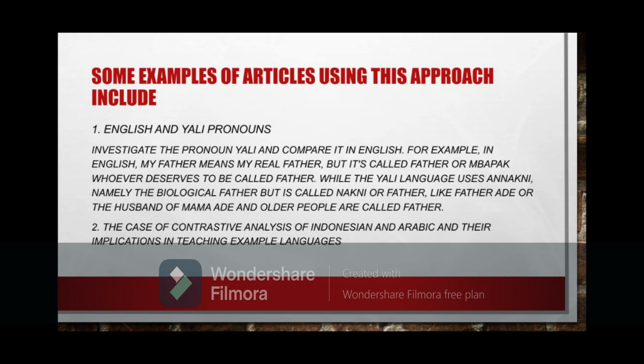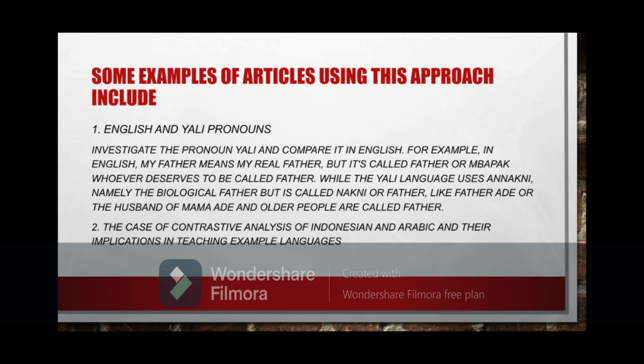If he cannot produce this sound, he may replace it with a similar Indonesian sound, for example, Z. This cannot be predicted if we compare only from the point of view of phonetics or word structure.